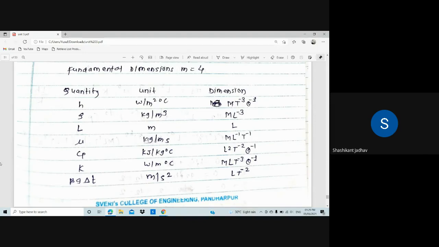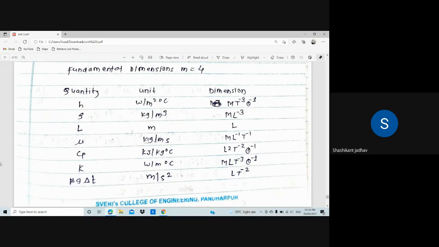M is there, L is there, T is there, theta is there. So all dimensions are covered in these 7 quantities. Therefore, the fundamental dimensions are M, L, T and theta, so m is equal to 4.